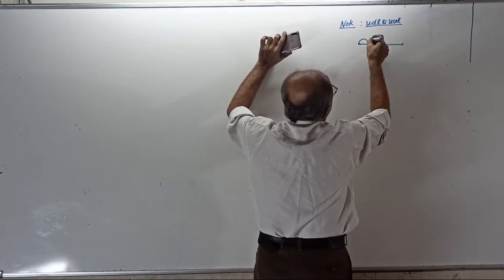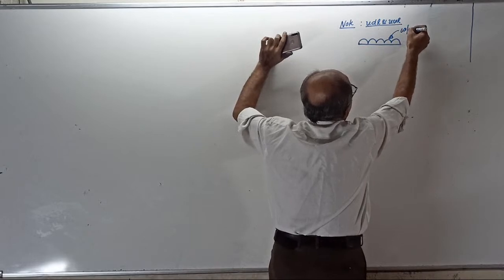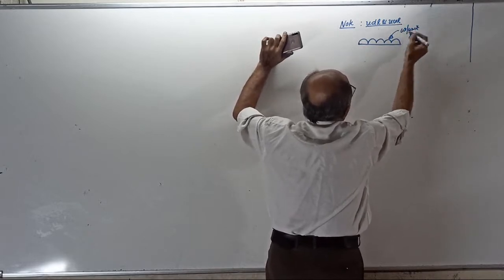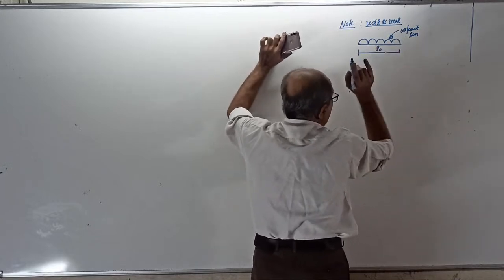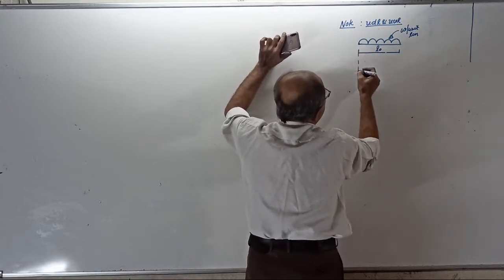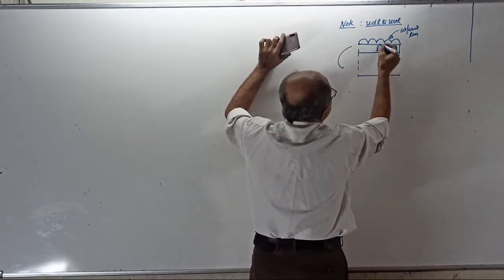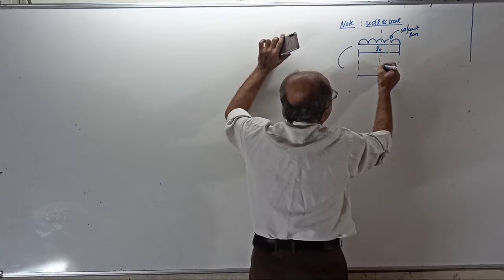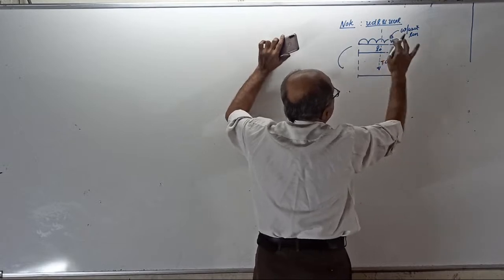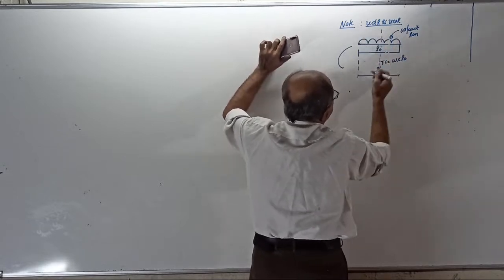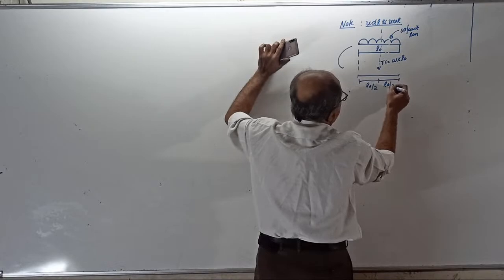If a UDL is there, and the intensity is W per unit length, and the loaded length is L0, then the total load equals W into L0. Intensity multiplied by loaded length acts at the exact center, L0 by 2. Clear?